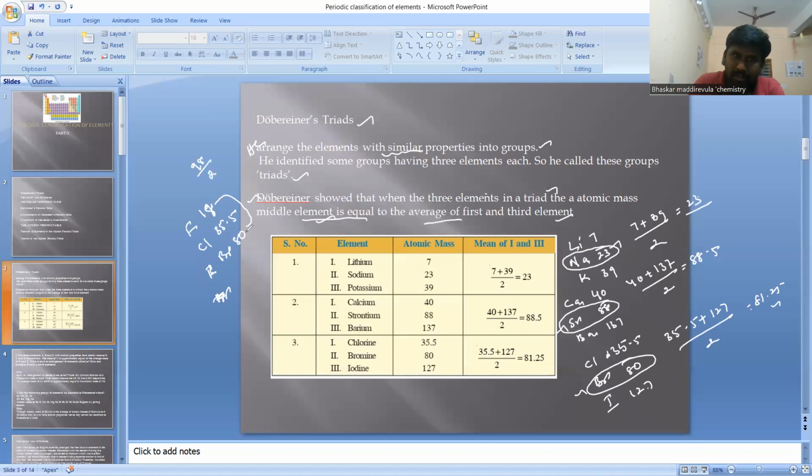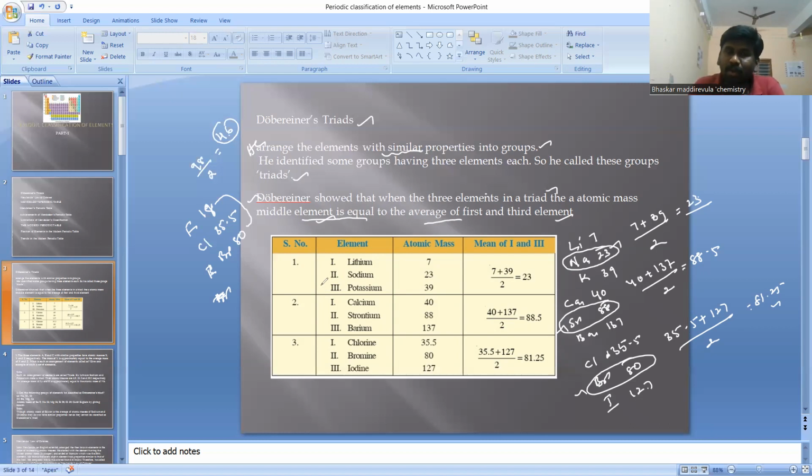The average of the first and third elements is around 46, but it is not approximately equal to the middle element. So we can't arrange fluorine, chlorine and bromine in the form of triads.